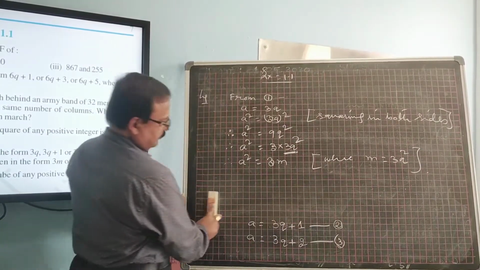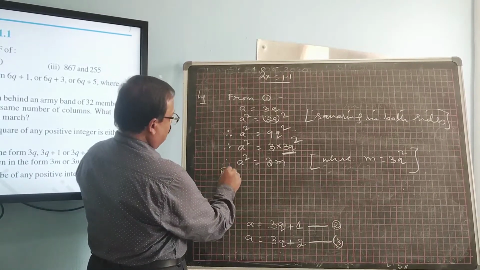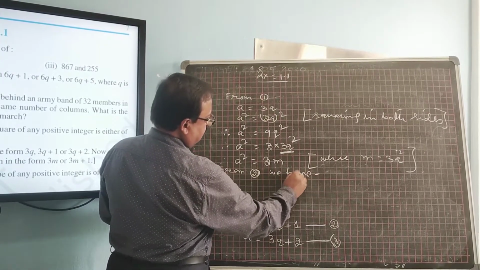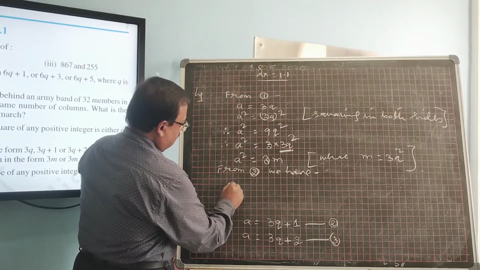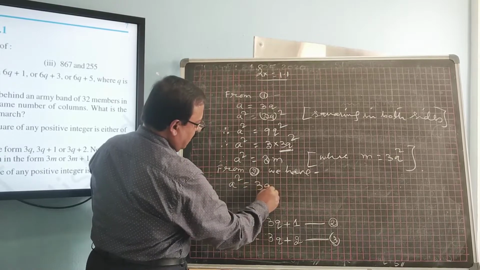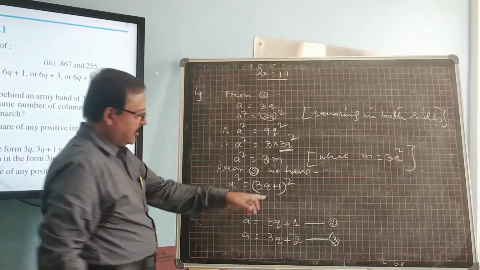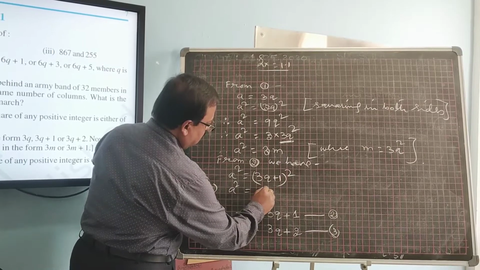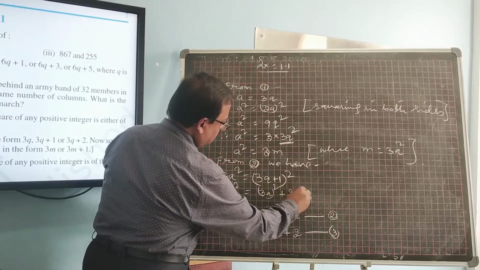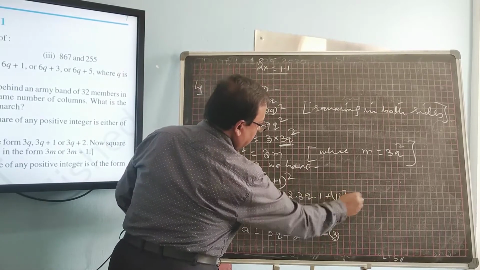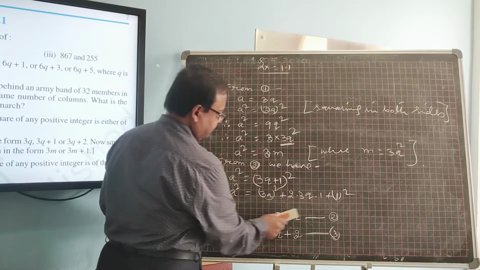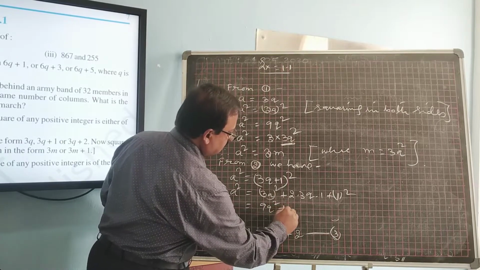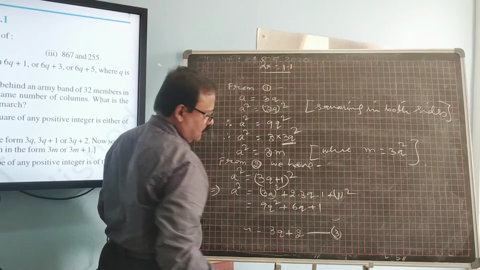Again from 2 we have a equal to 3q plus 1, squaring both sides, a square equal to 9q square plus 6q plus 1, using the a plus b whole square formula.